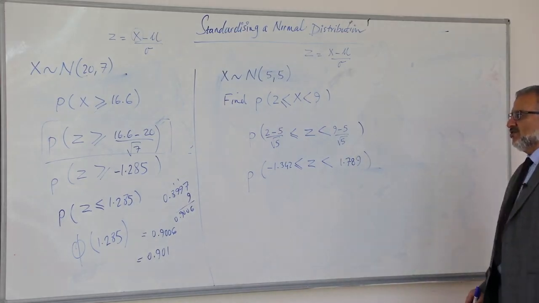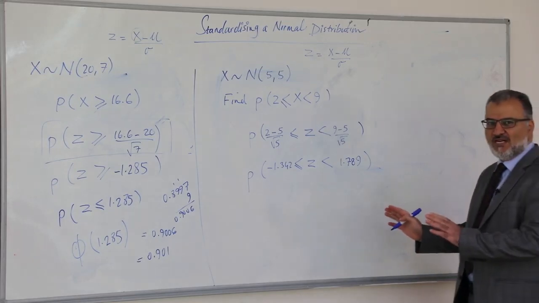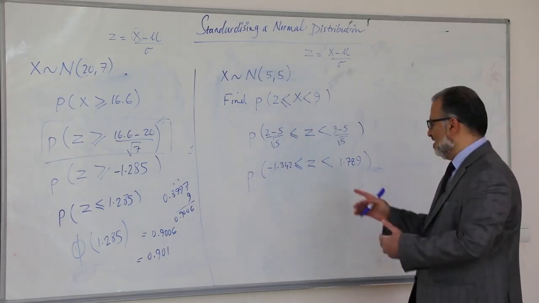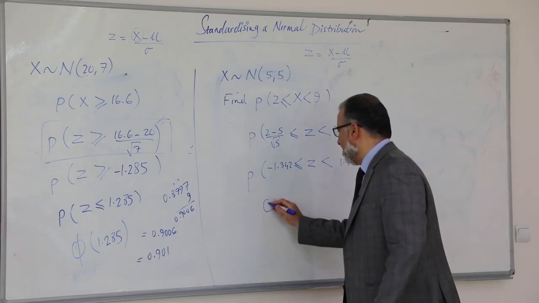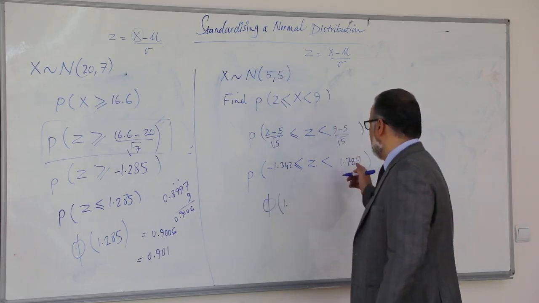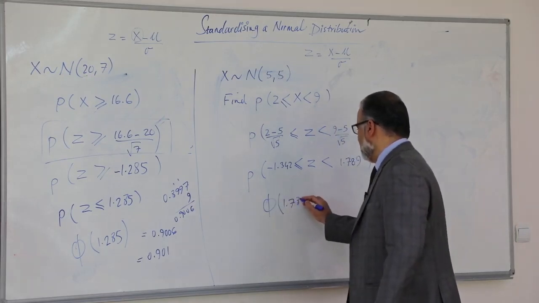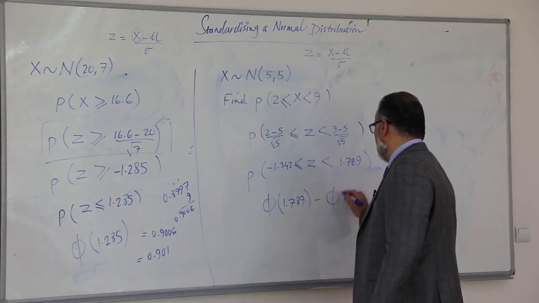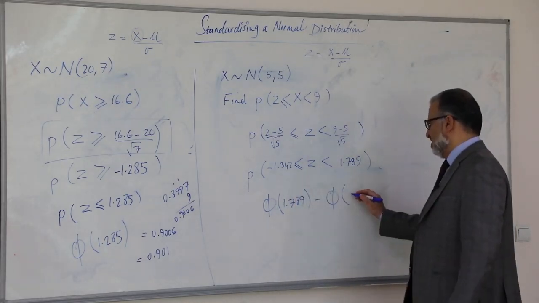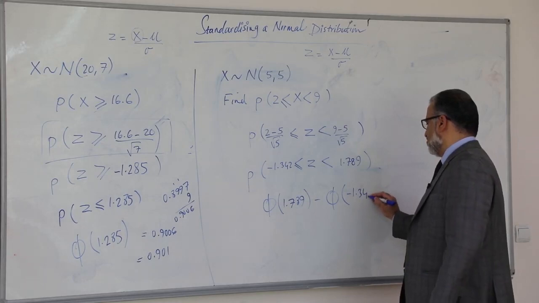Okay? So how did we learn to find the combined inequality? We said this is phi of the greatest, 1.789, minus phi of the lowest, negative 1.342.